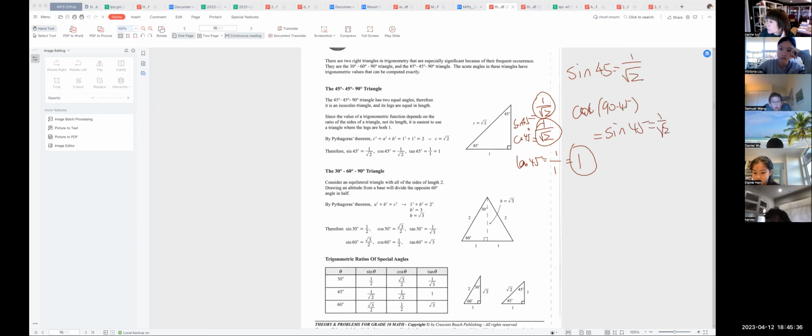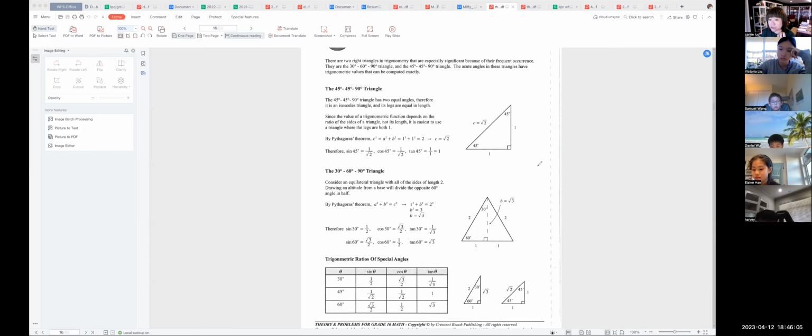If you use what we learned last week, if sine A equals 1 over 2, then cosine of 90 minus A is also equal to 1 over 2. Remember, everybody? We did this, right? And tangent 45 equals sine 45 divided by cosine 45, so that's also 1. Even if you don't know this, you can just do 1 by 1. I hope I explained it very clearly.